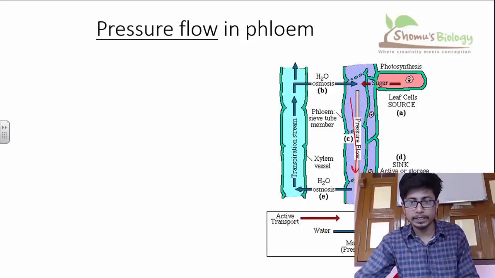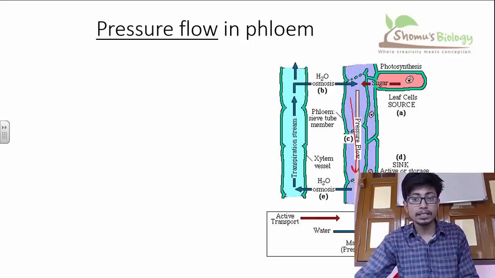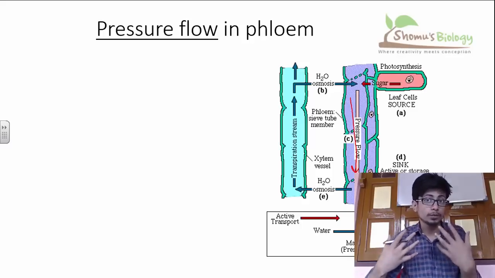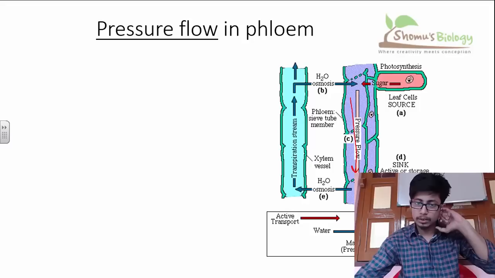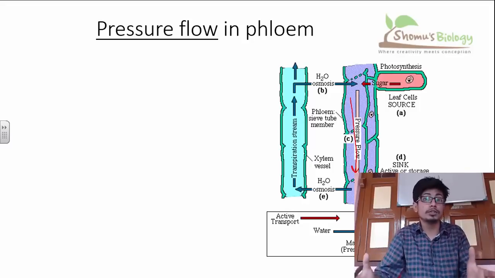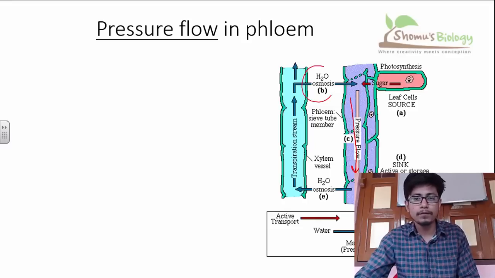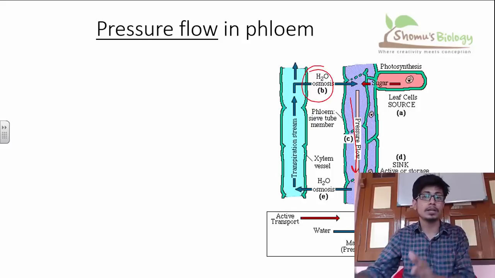Once we put them here, during that process, water sometimes moves towards the phloem. Why? Because of osmotic balance. Here there will be a higher concentration of sugar and a low concentration of water. So water will flow from the xylem to the phloem, and that is water osmosis.